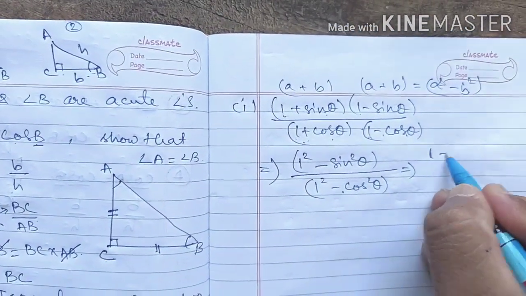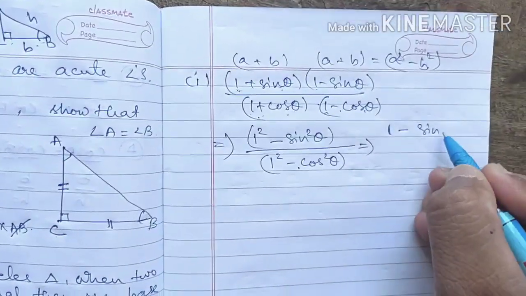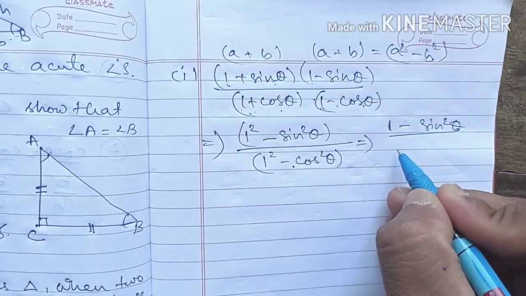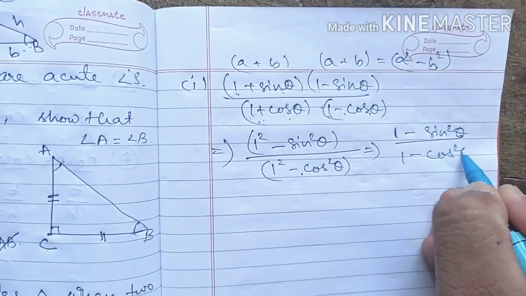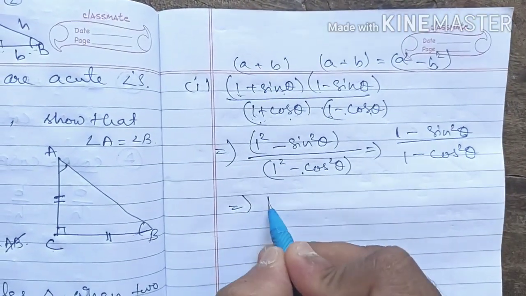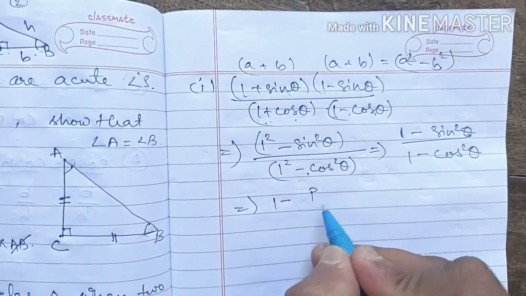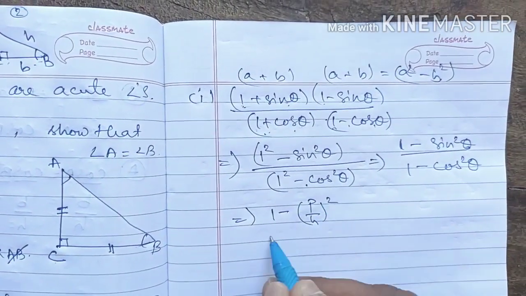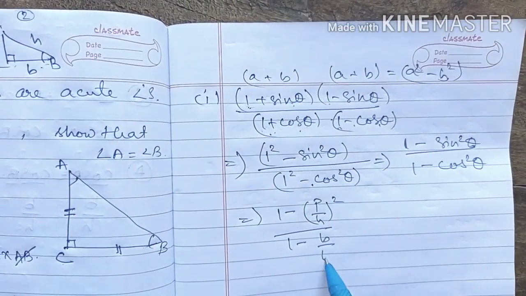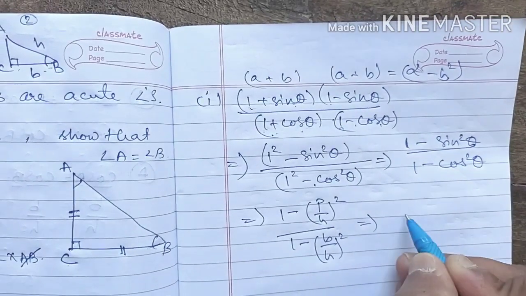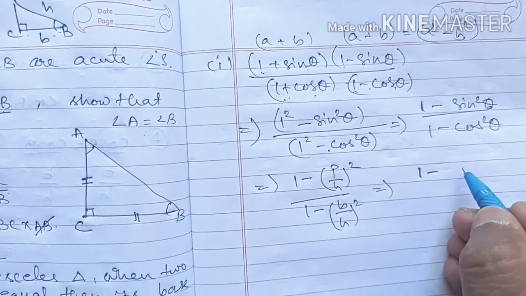1 square is 1 minus sine square theta by 1 minus cos square theta. 1 minus sine theta is P by H whole square. 1 minus B by H whole square. 1 minus P by H means how much?